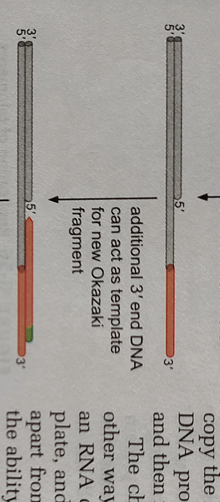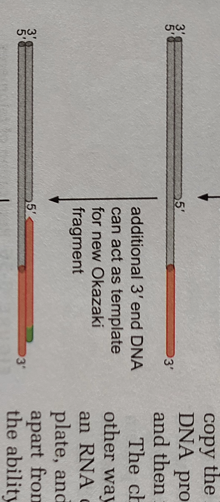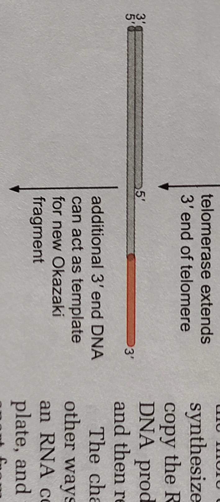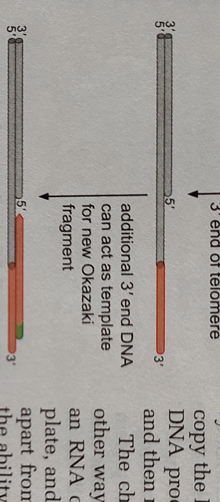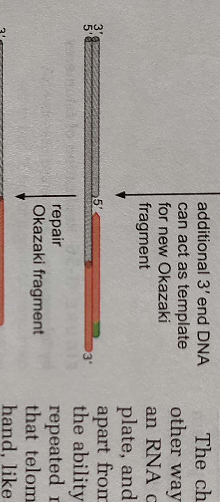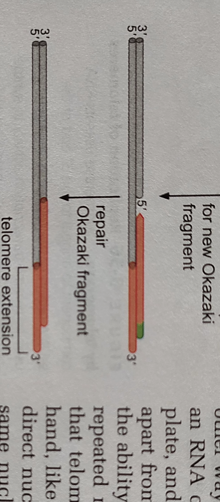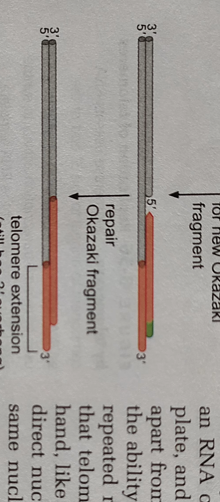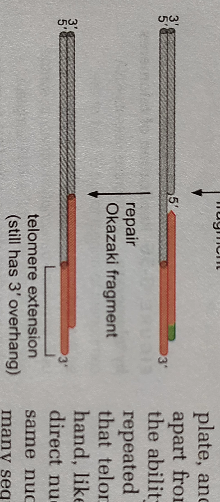Okay, so the additional 3' end of the DNA can act as a template for a new Okazaki fragment. So here we can see, and we fulfill that gap. This telomerase extension still has a 3' overhang, but it is of no use because it is a repeated sequence.